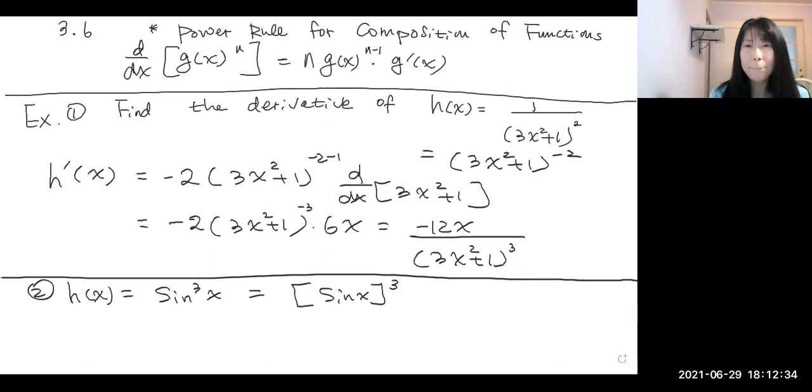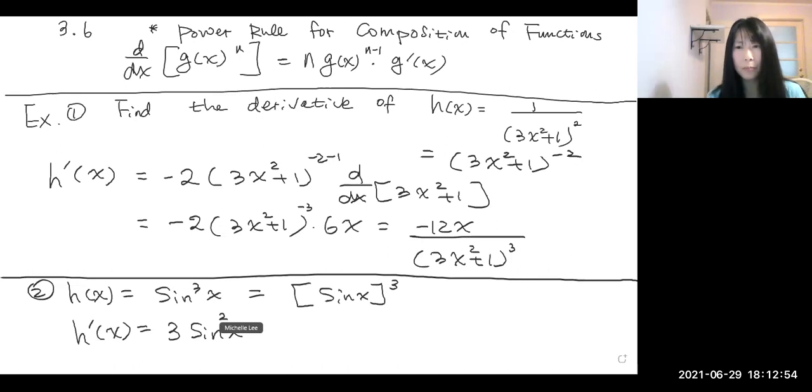Now, we're going to use the power rule. Drop the power, then reduce by 1, which is 2, right?